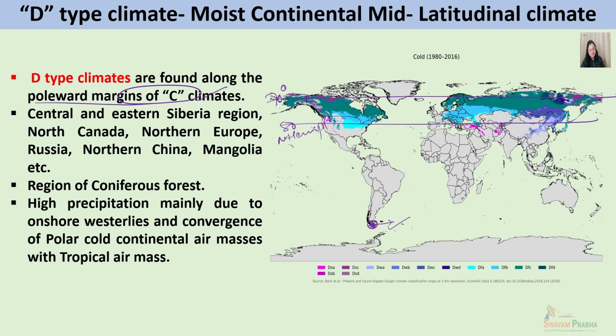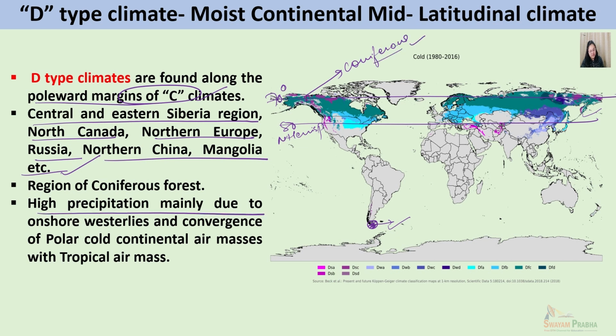But in the northern hemisphere, you can see the entire northern part of Canada, entire northern part of Europe, and entire Russia Siberia region is covered under this type of climate. So central and eastern Siberia region, North Canada, Northern Europe, Russia, Northern China, Mongolia, etc. are the regions which are dominated by D type of climate, and these particular areas also have coniferous type of vegetation.